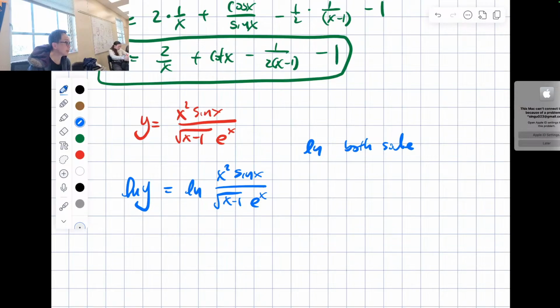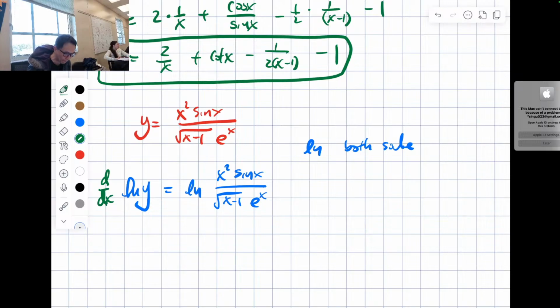This is the only thing that's different. Everybody follow me so far? And then you say, okay, I'm going to choose to take a derivative from here. What's the derivative of natural log of y? It's dy over dx.